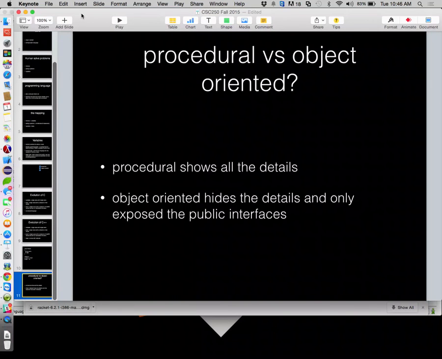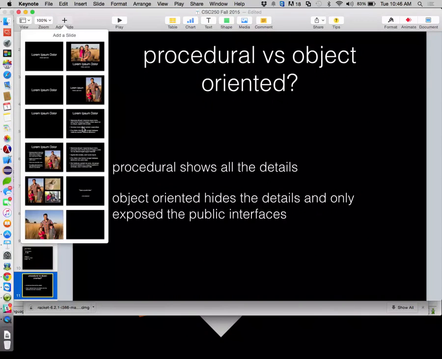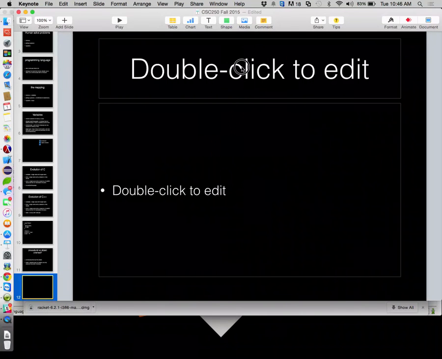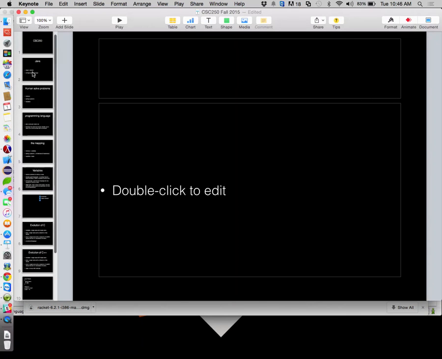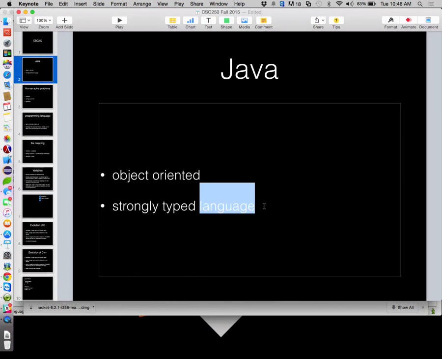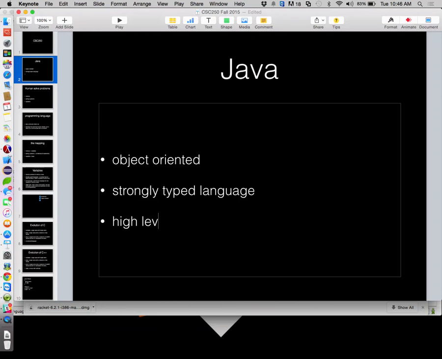Now, we had a slide last year that talked about the difference between low-level, high-level, and machine language, right? Okay, so Java is what's known as a high-level programming language. What does it mean for a language to be a high-level language, as opposed to a low-level language, as opposed to machine language?